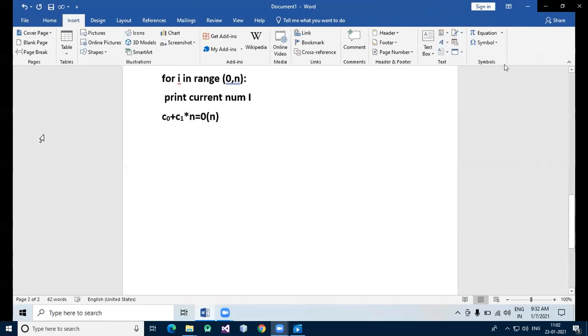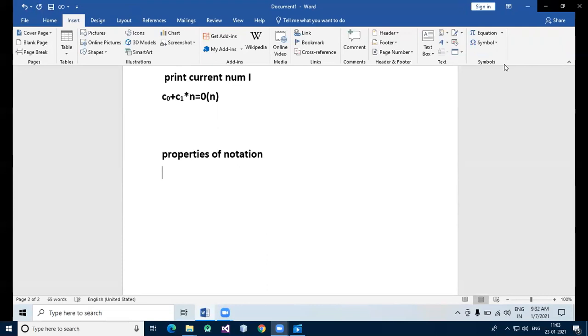So now the properties of notation. Here there are transitive properties, reflexivity properties, symmetric properties, and transpose properties.